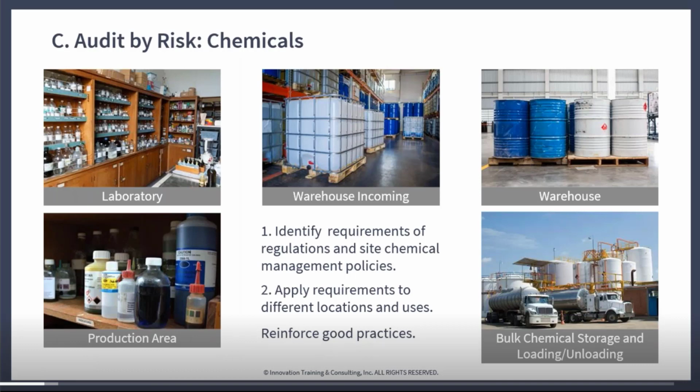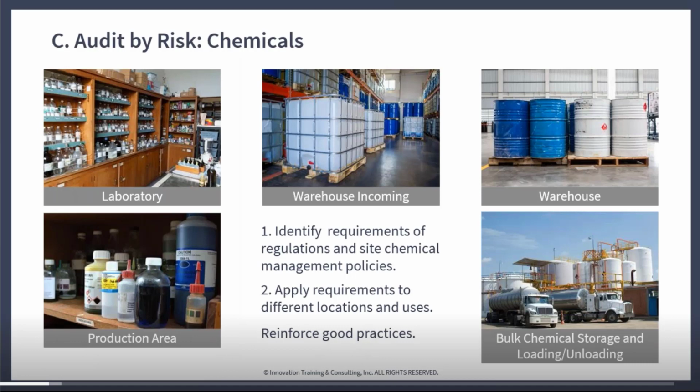What are our site chemical management policies and procedures? Hopefully they're based on the regulations. You might need to supplement your site policies with the regulations, and then apply those requirements to different locations and uses. And hopefully you're going to find some good practices and you can reinforce those.